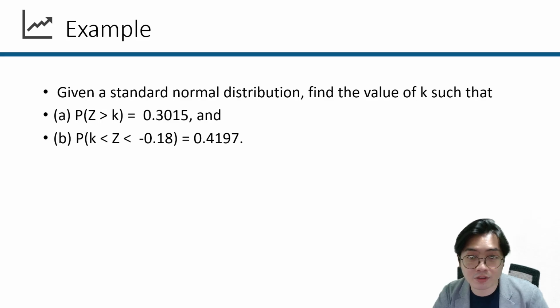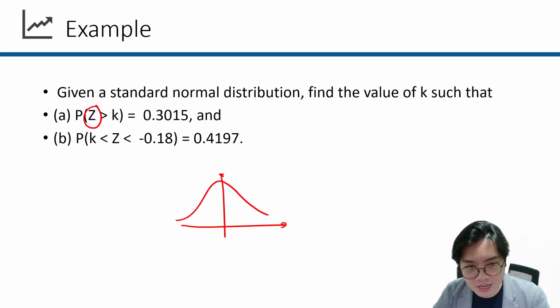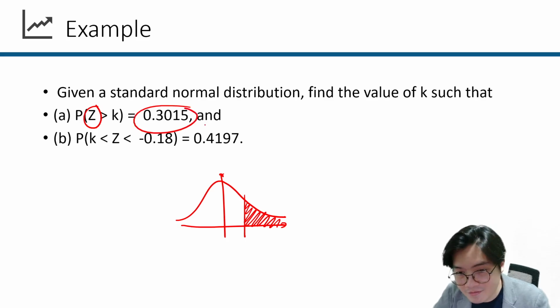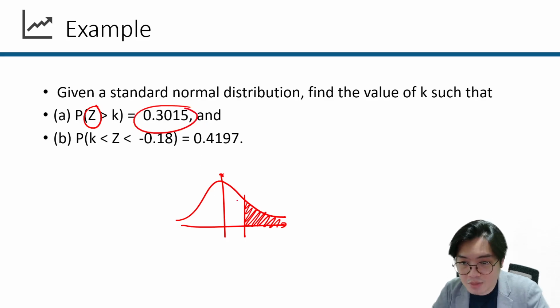Okay, and in here, we can do the same thing. 0.3015. Well, this is greater than. So we're going to do this: you guys will find that I use visual aids very often, because I just want to think about the areas. Z greater than k is 0.3015. I know it's somewhere in here because it did not pass 0.5. If it passed 0.5, it would have been a negative value.